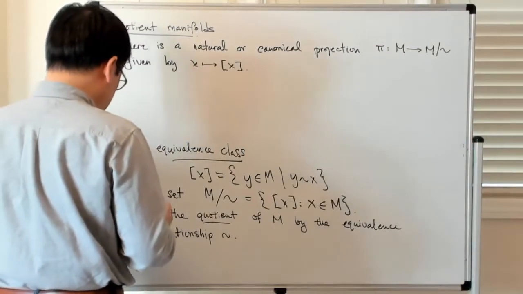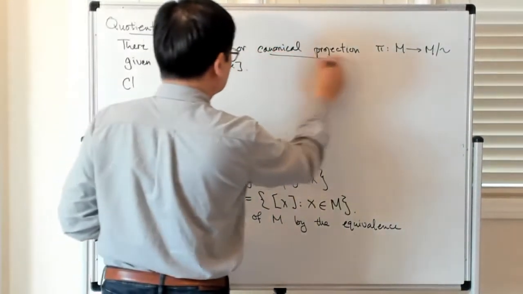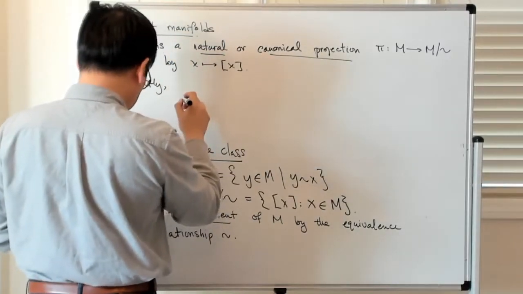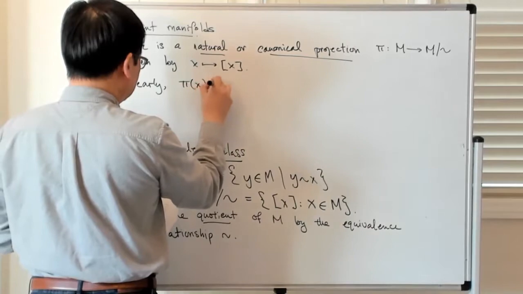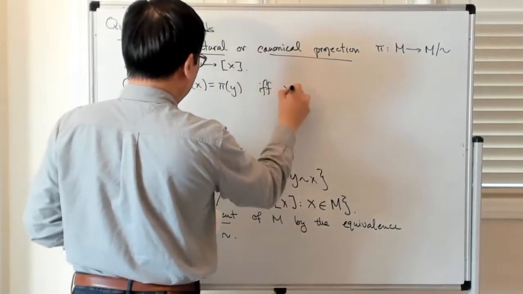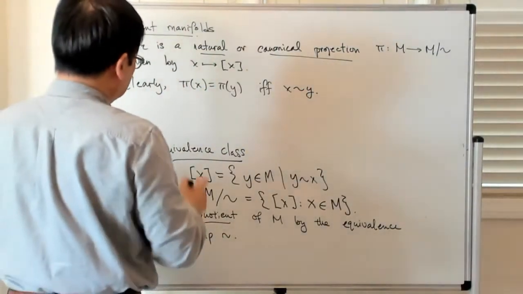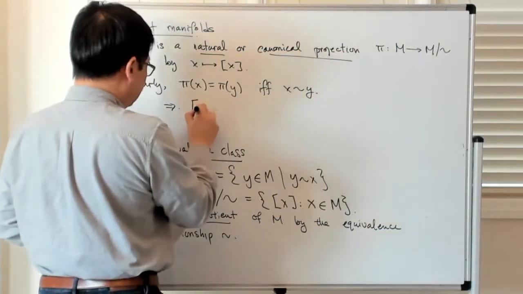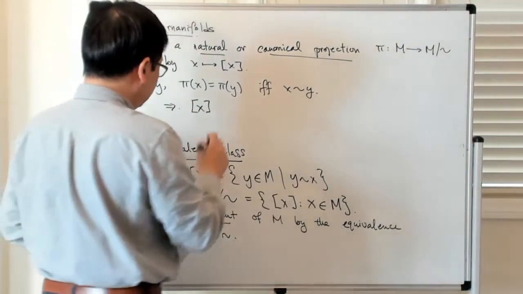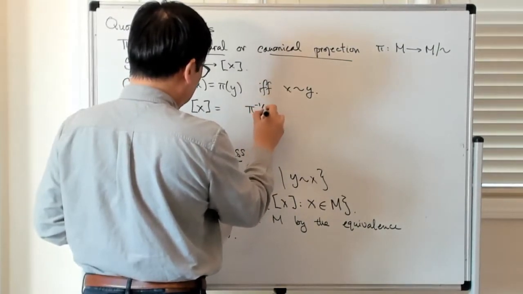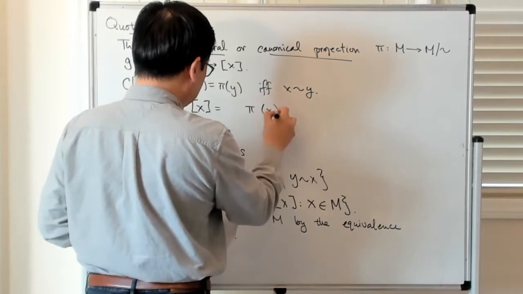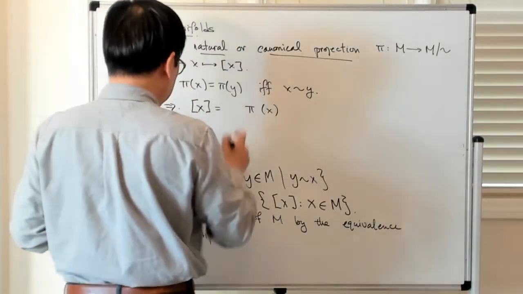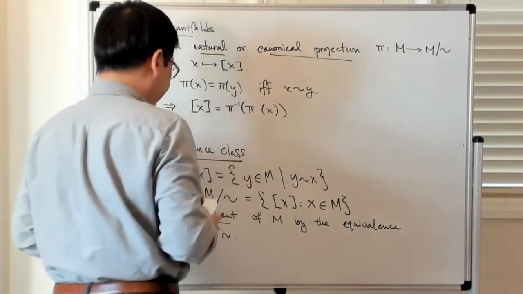Clearly, by construction, pi of X is equal to pi of Y if and only if X is related to Y. So if you want to look at the equivalence class associated with X, you first project X to the equivalence class, and then you take its preimage.